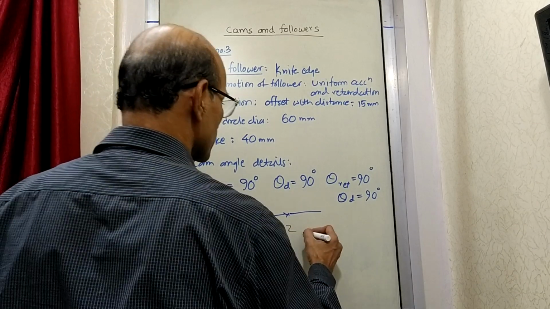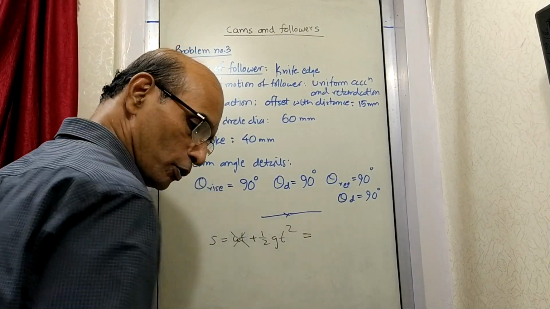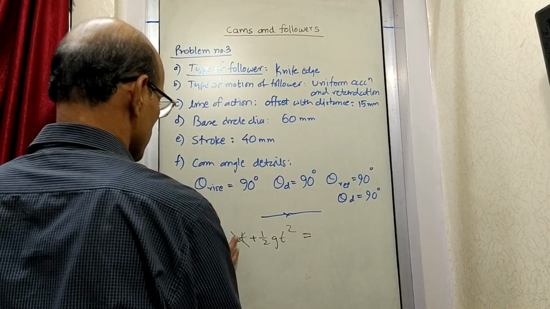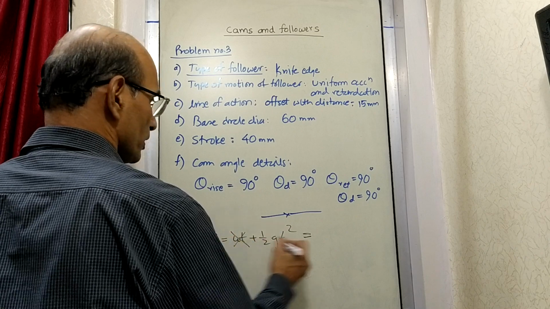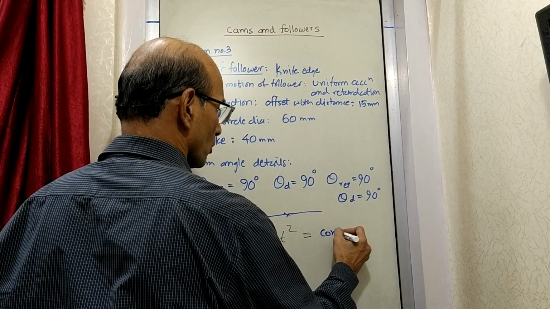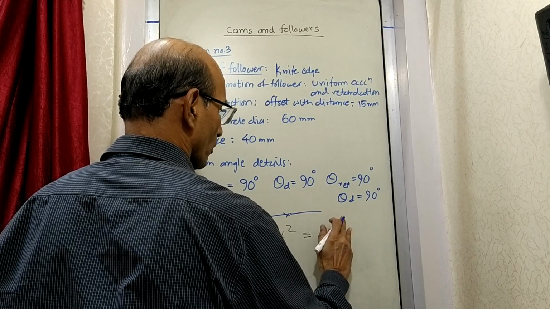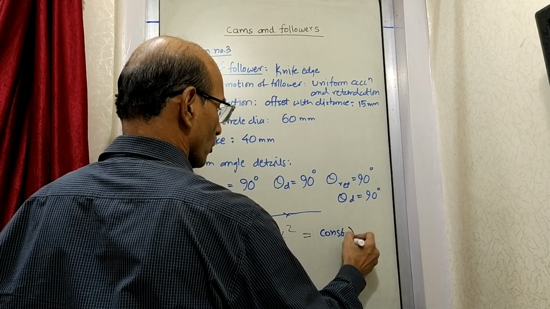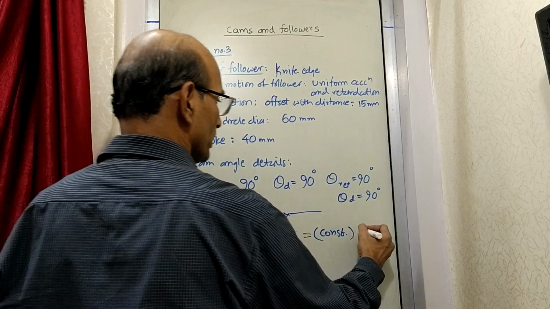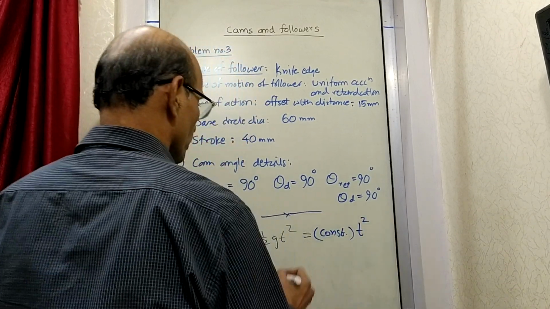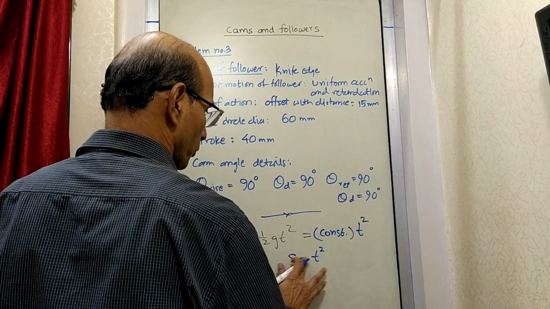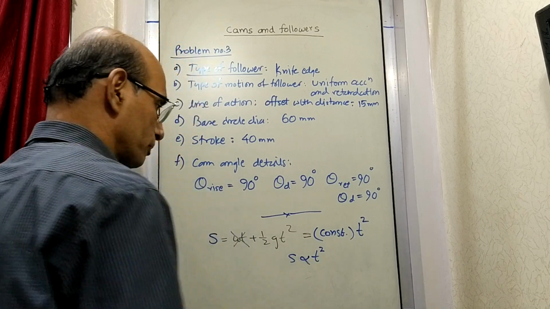So all this means is displacement is equal to some constant consisting of gravity also, and then time square. So displacement is proportional to square of time.